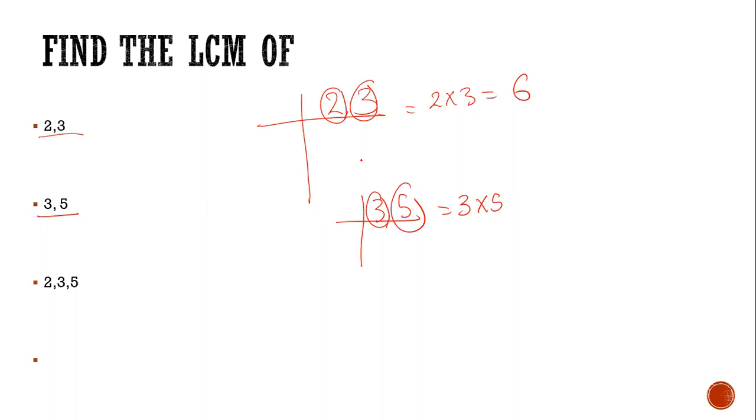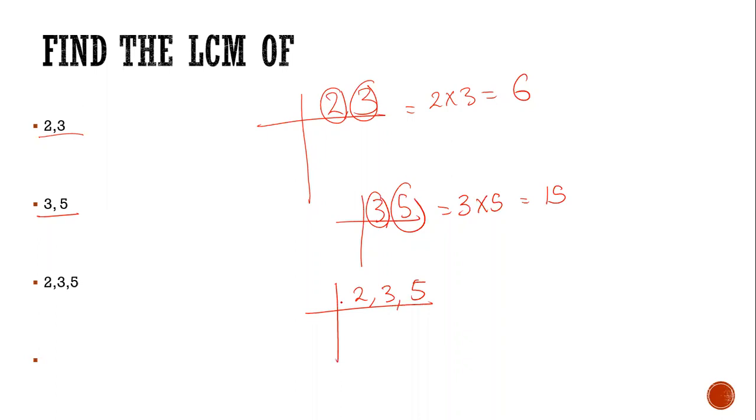Whenever you're finding the LCM of prime numbers, when you just have prime numbers, then you can multiply them directly because they don't have any common factors at all. It'll be 15. Here we have 2, 3, and 5, all of which are prime numbers.